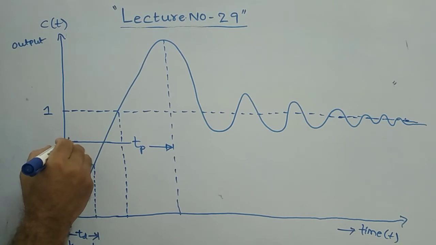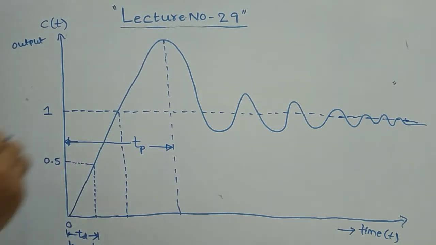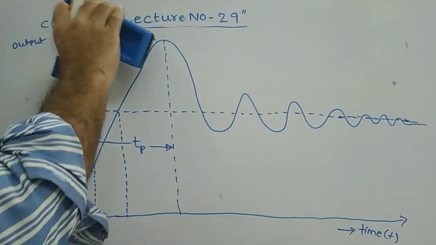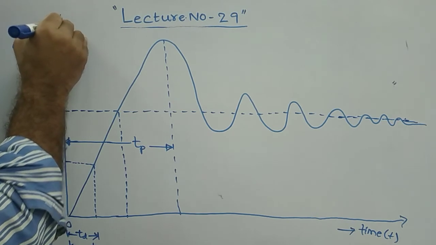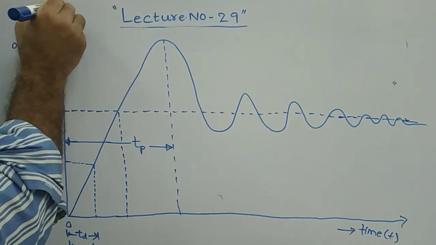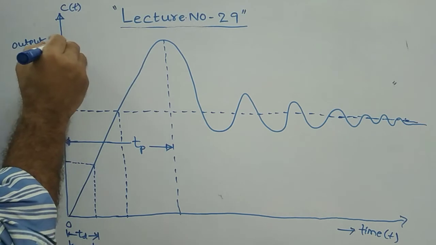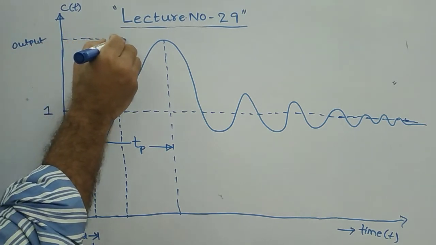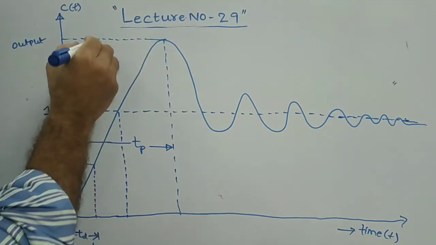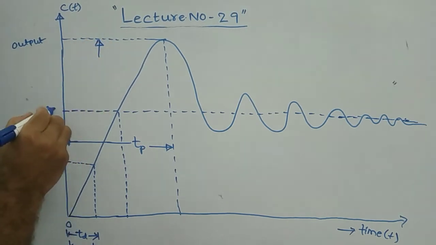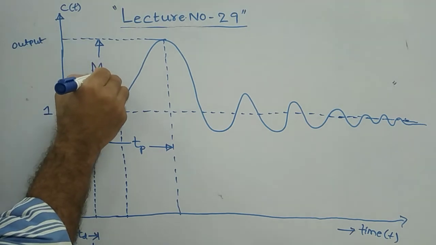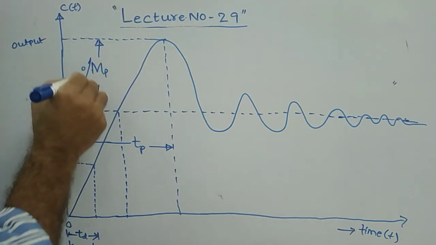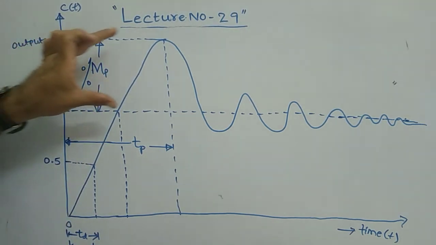Clear? TP. And then here, you can show a little bit of C of t, and here is the peak. The difference from this 1 up to the peak is called peak overshoot, MP, represented in terms of percentage, percentage of peak overshoot.